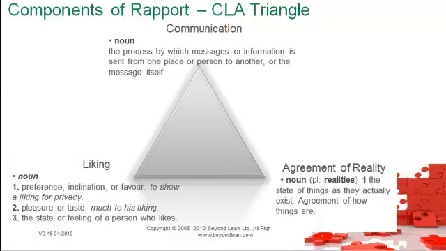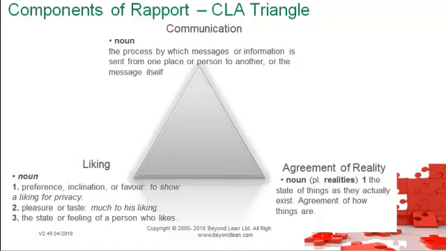Second part of the triangle, the degree of liking. So, how much liking one person has for another. That's a key determinant in building rapport. Now, a way to raise that is by increasing the amount of communication. Another way to increase that is finding a point of reality with the person you're trying to build rapport with.